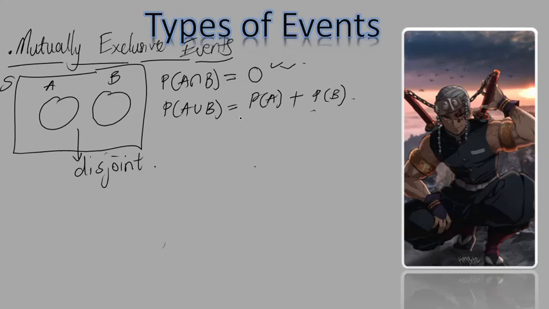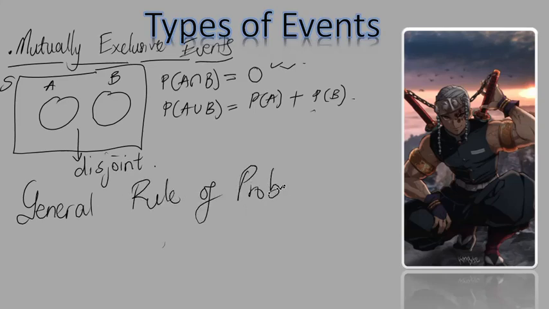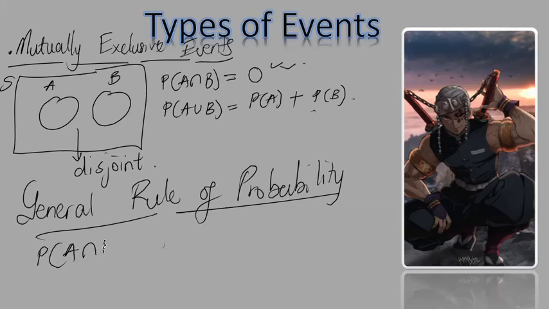Before that, there is something we call the general rule of probability. The general rule says that if you are looking for the intersection, you take the probability of A, add it to the probability of B, minus the probability of the union.